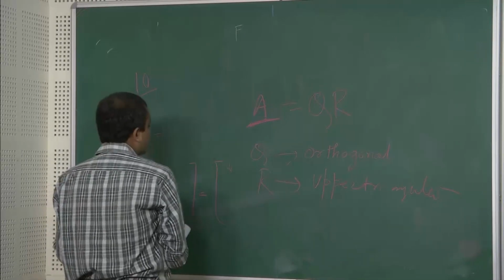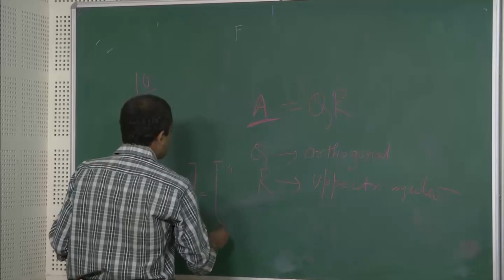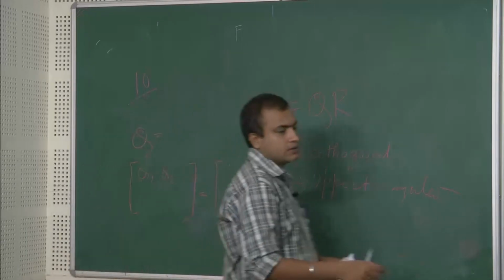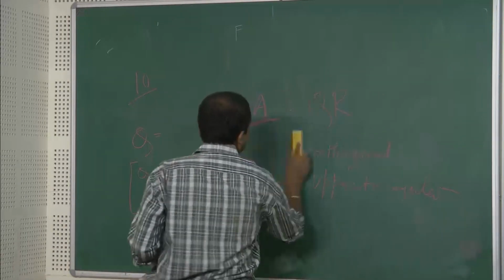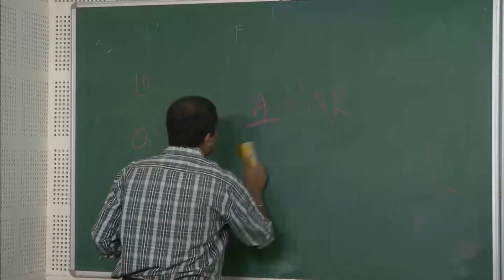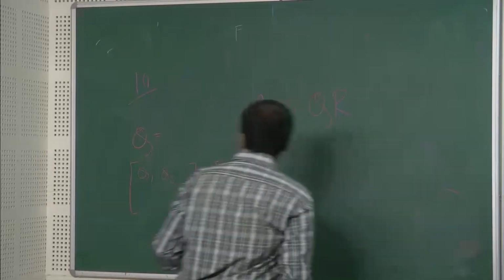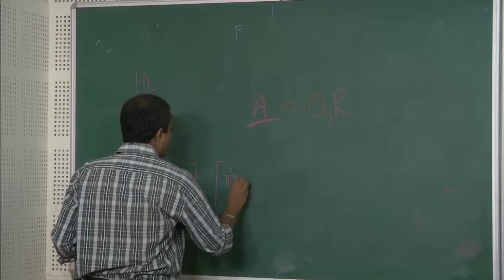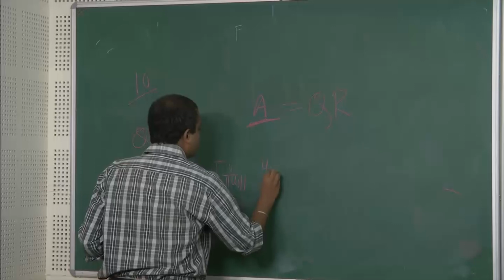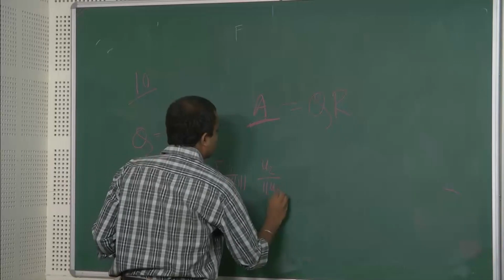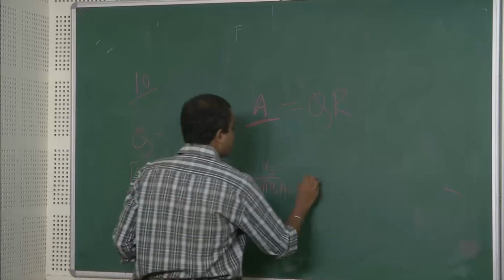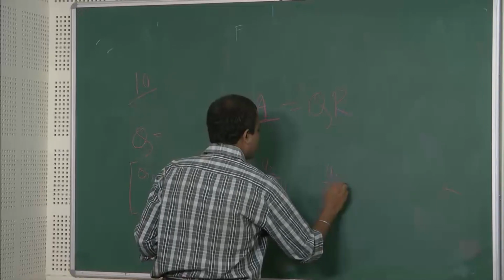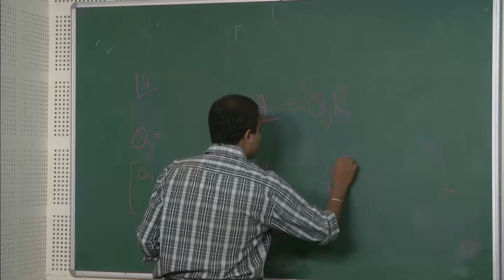Yes. So, we can write it Q is orthogonal. So, Q is orthogonal, R is upper triangular. So, we can write say U1 by mod U1, U2 by mod U2, like this, U2 by mod UN.